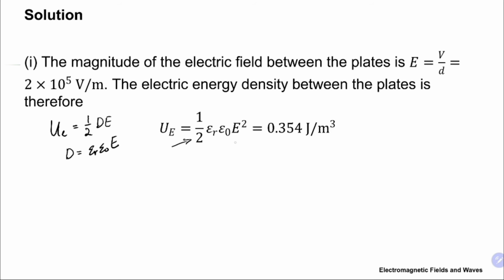We can work out E, which is V divided by d, and that is 2 times 10 to the 5. V is given as 100 volts, d is given as 0.5 millimeter.